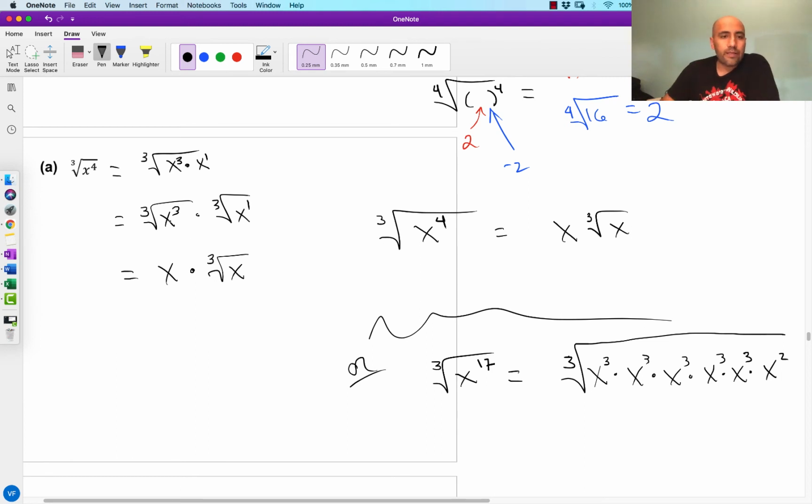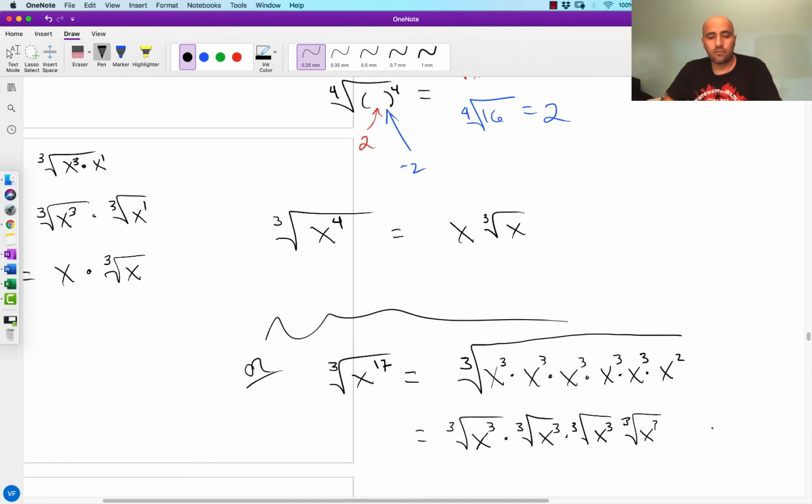And now we can separate it like this and have each one of these represent one copy of x: the cube root of x to the third times the cube root of x to the third. It's 1, 2, 3. There's 2 more. Cube root of x to the third, cube root of x to the third, and finally the cube root of x to the second.